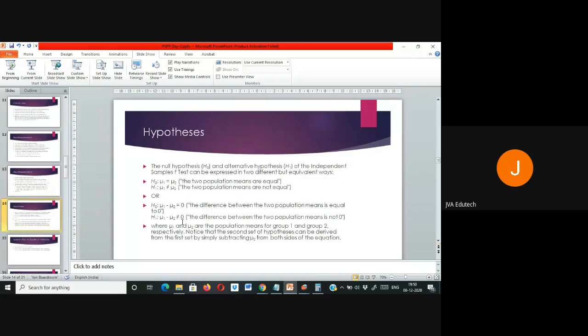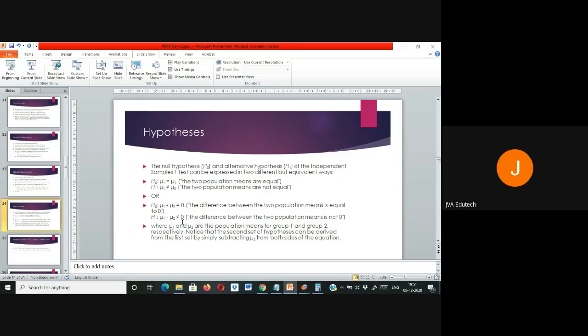Now the hypotheses that we frame in case of the independent t-test, the null one and the alternate one. The null hypothesis says that mu1 is equal to mu2, meaning the two population means are equal. There is no significant difference between both the population means.